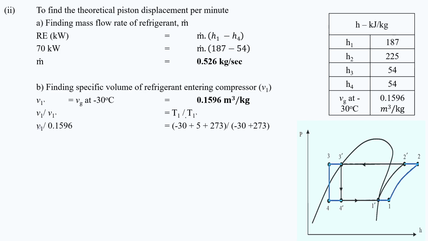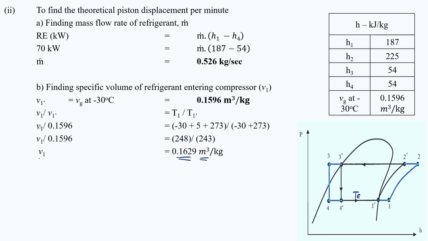Mind you, the temperature should be in Kelvin, as in the ideal gas law. This is divided by T1 dash, which is our evaporator temperature, minus 30 plus 273. Upon solving, we get 248 by 243 equal to V1 by 0.1596, or V1 is equal to 0.1629 meter cube per kilogram.